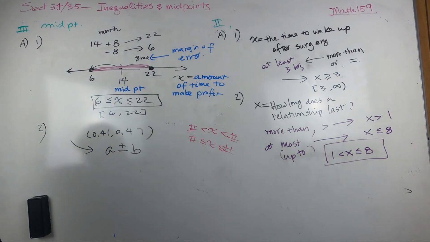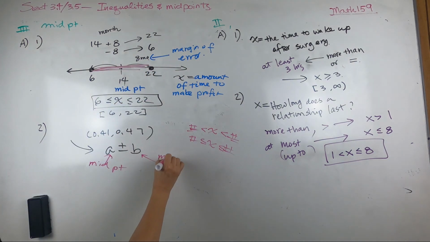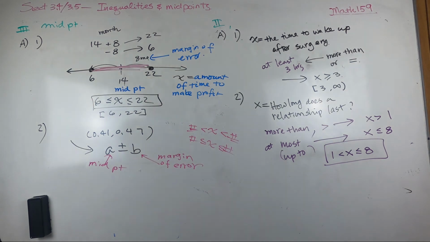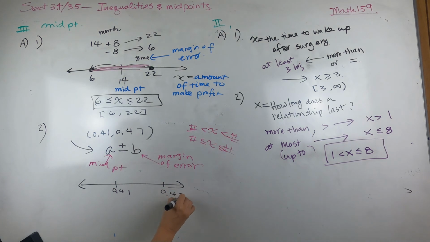So in here, it means what? The a should be your midpoint. Your b should be your margin of error. Right? Then how do you find your midpoint? So you have 0.41 here, 0.47 here. What's in the middle?